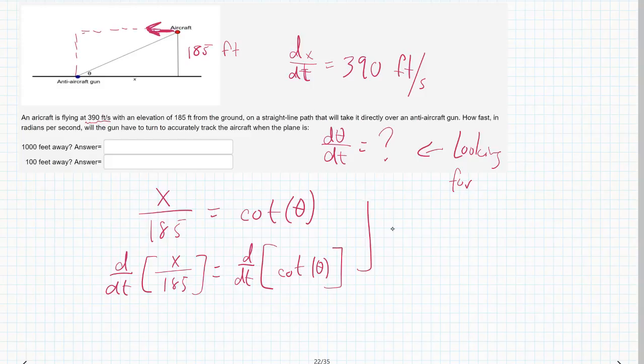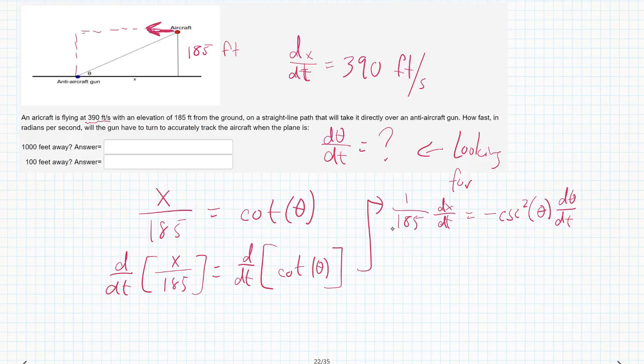Okay, so moving forward from there, we get 1 over 185 dx dt equals the derivative of cotangent theta, which is negative cosecant squared of theta times d theta dt. This looks really scary at first, but think of what cosecant theta is.